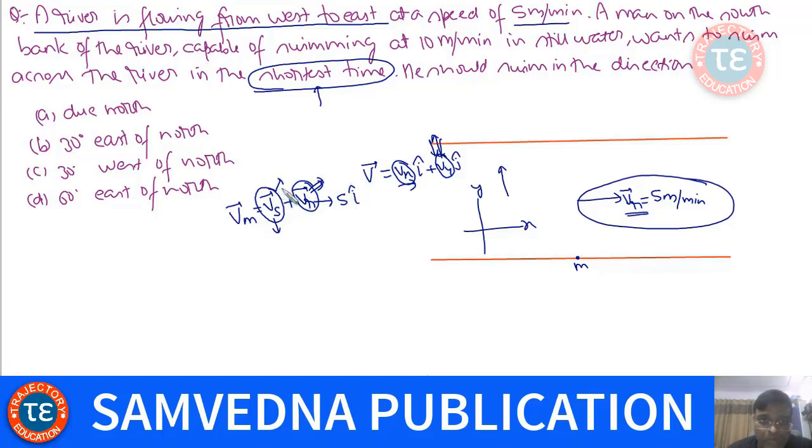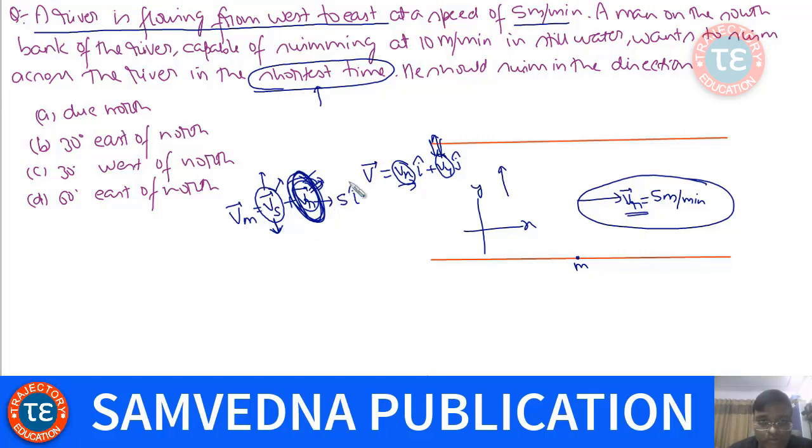So in order to have maximum Vy, that will be possible only when Vs completely lies in the y direction. This we can't change. We don't have any control over this. River velocity will always be in the x direction, and that has got no contribution in motion in the y direction.